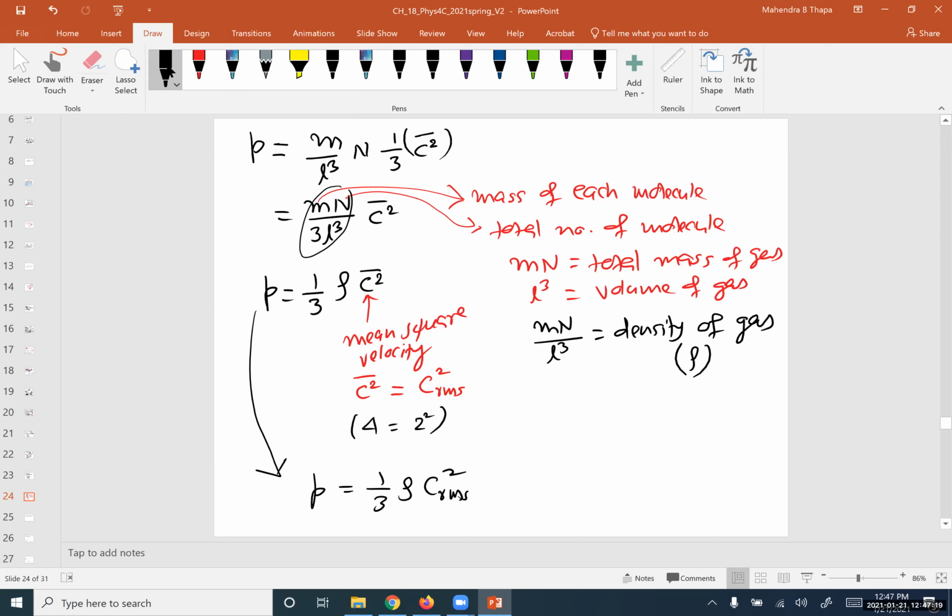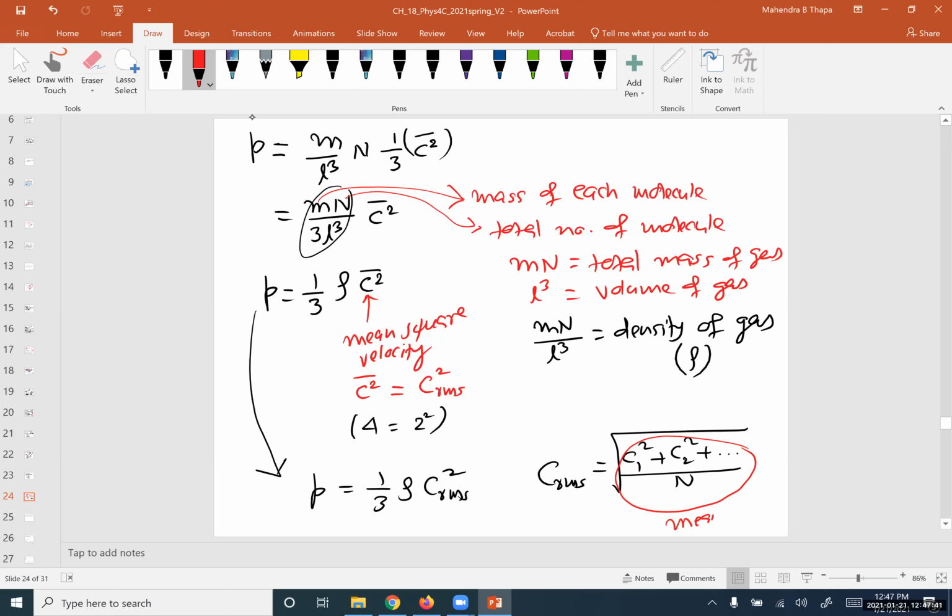So basically c RMS means, based on the previous example, c1 squared, c2 squared, adding all atoms divided by n, then taking the square root. If you take only this term without the square root, it's called the mean square. It depends on the textbook.